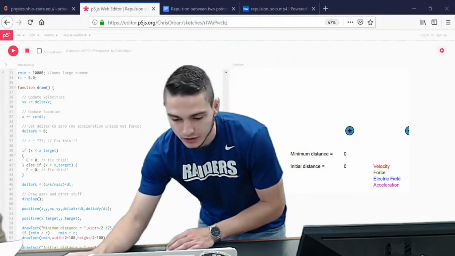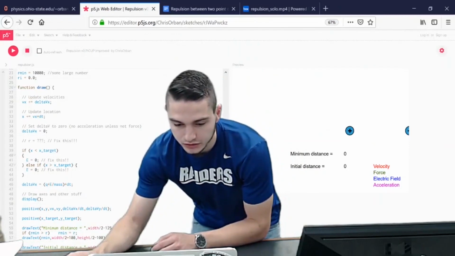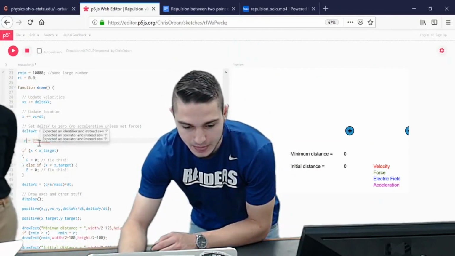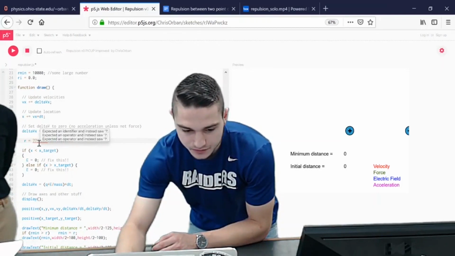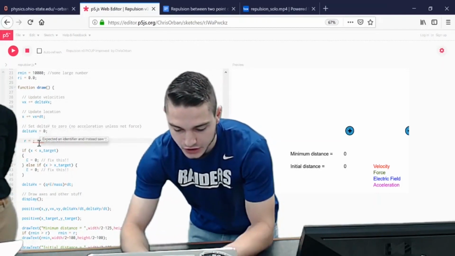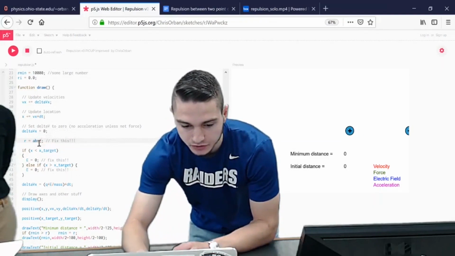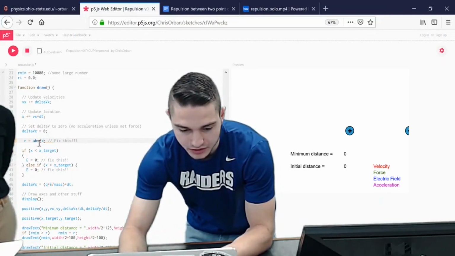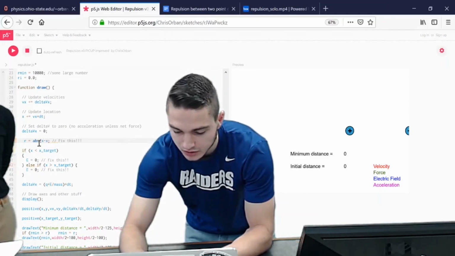So to do that, we're going to change this R, so we can uncomment this. And then we'll change this and put an absolute value in here just so that we keep the distance positive.